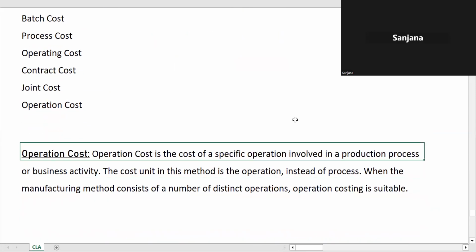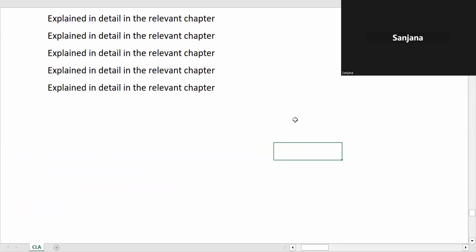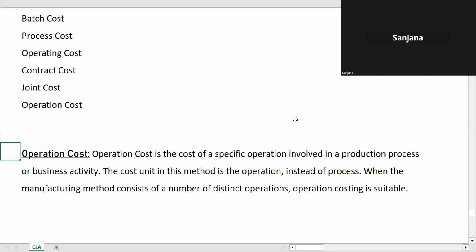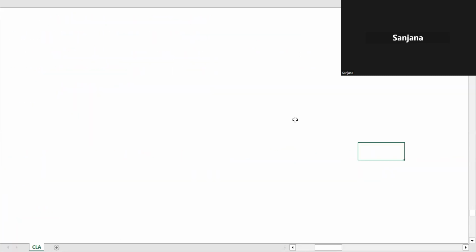Operation cost basically is something where there are some very complex operations where you have to follow, say, two or three methods of costing for that. Process costing first and then job costing, or the other way around, job costing first and then process costing.